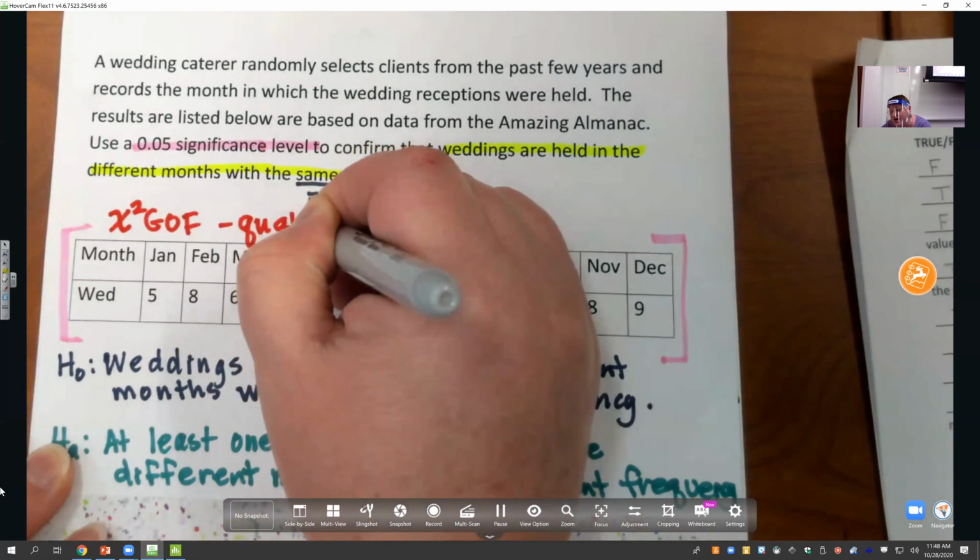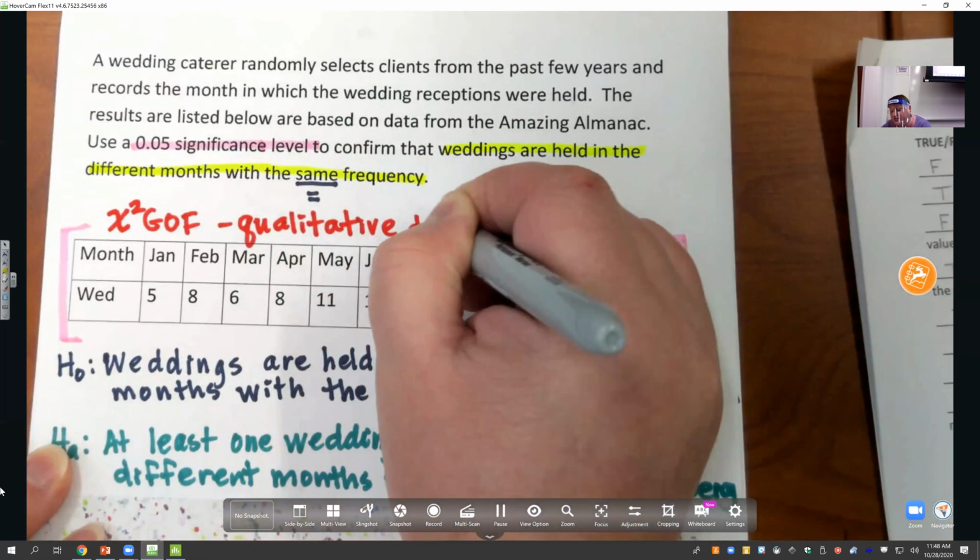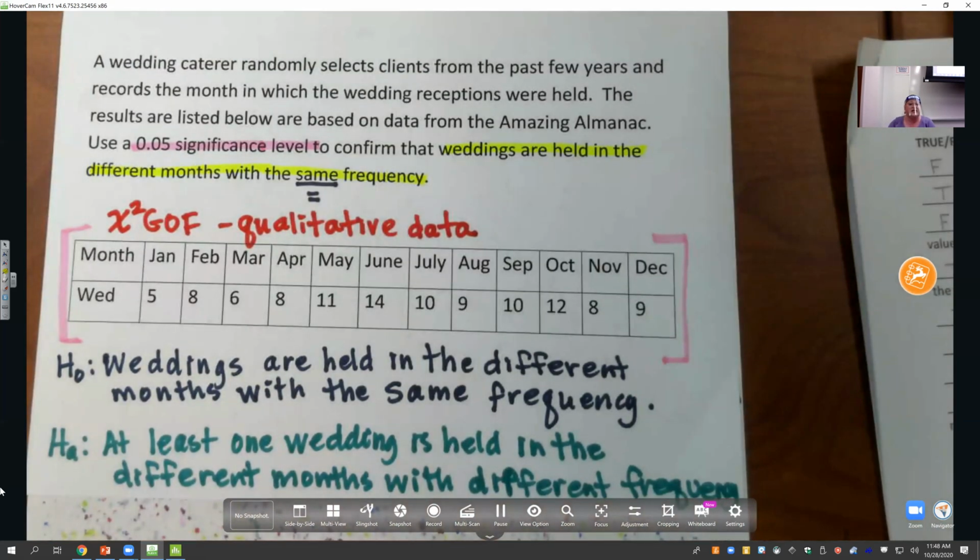We have the months of the year, January, February, March, April, so forth. And nowhere in that scenario does it talk about mean, which is the phrase to look for Z or T.